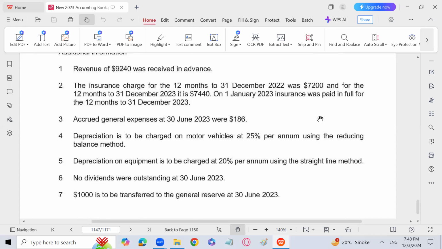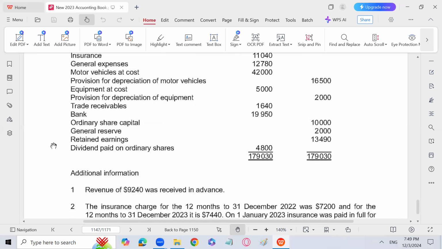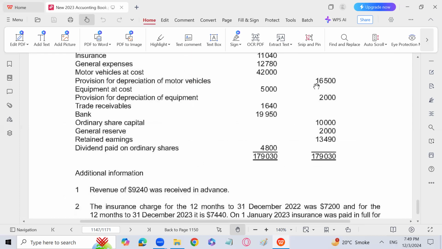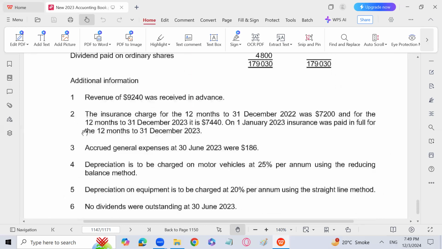I'm going forward. Accrued general expenses at 30th June were 186. These are the general expenses accrued, so they will be added in the general expenses. Depreciation is charged on motor vehicle at 25% using reducing balance method. You will subtract the depreciation first from motor vehicle, like here 42,000 minus 16,500, and then you will calculate depreciation on the book value at the rate of 25%.